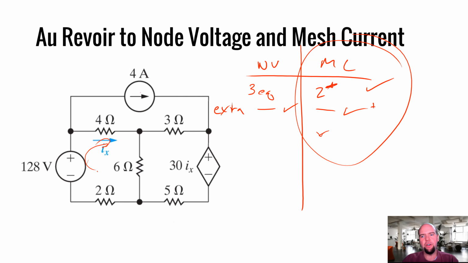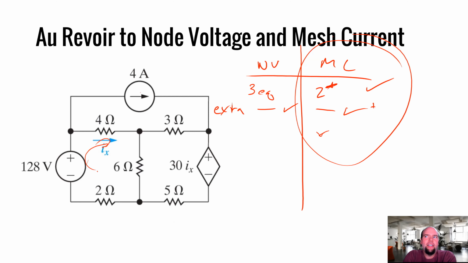That's our goodbye to node voltage and mesh current. We put the cherry on top, we put the lid on it. But node voltage and mesh current never go away. These are really powerhouse techniques. You will use these throughout the curriculum in electrical engineering.